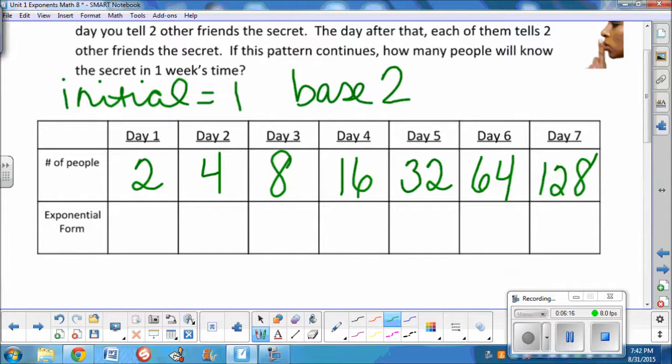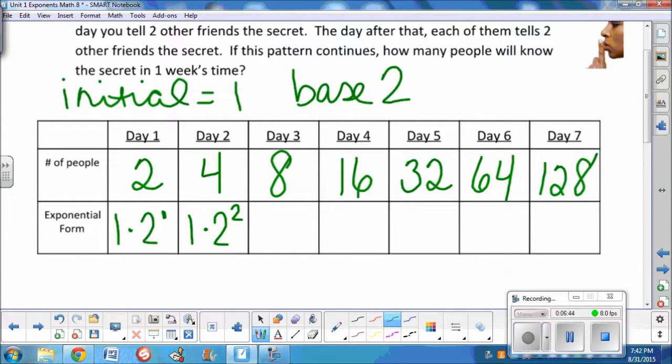Okay? So our days are our exponents. So if I start off and I say, okay, one person was my initial times, and then we doubled it, 2 to the first. And again, we continue with that exponential form. How many people initially knew it? 1, okay, times 2, and then the day to the second.